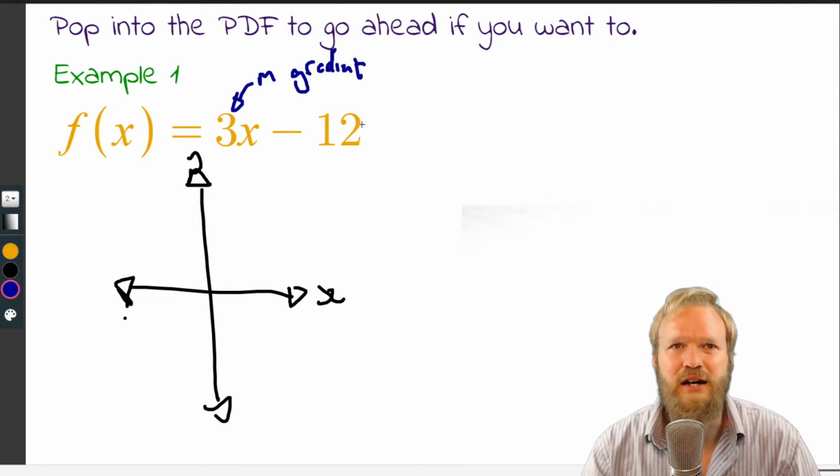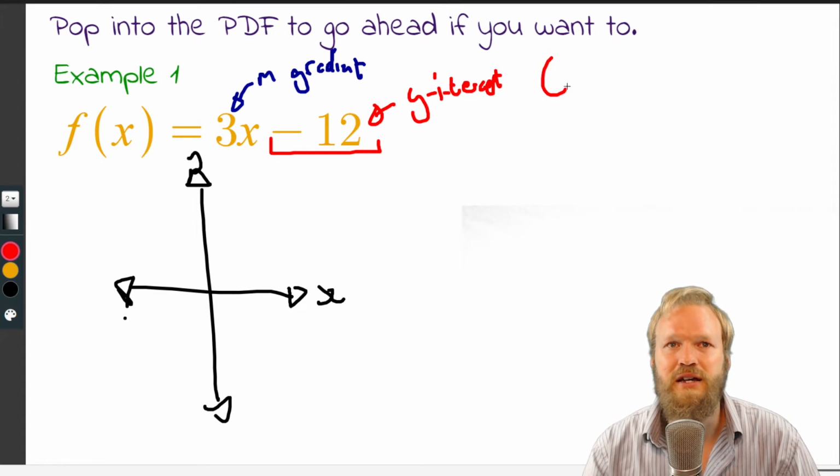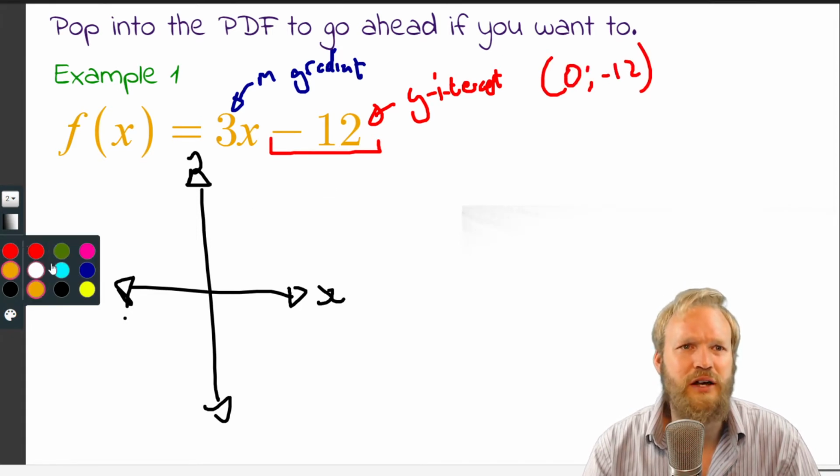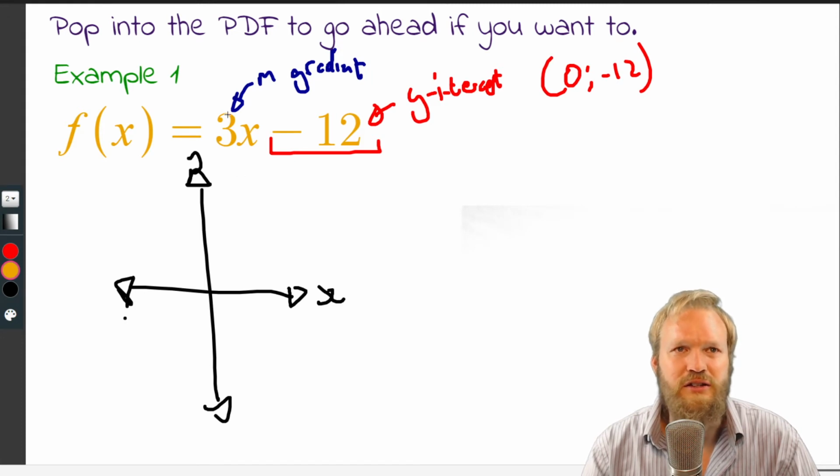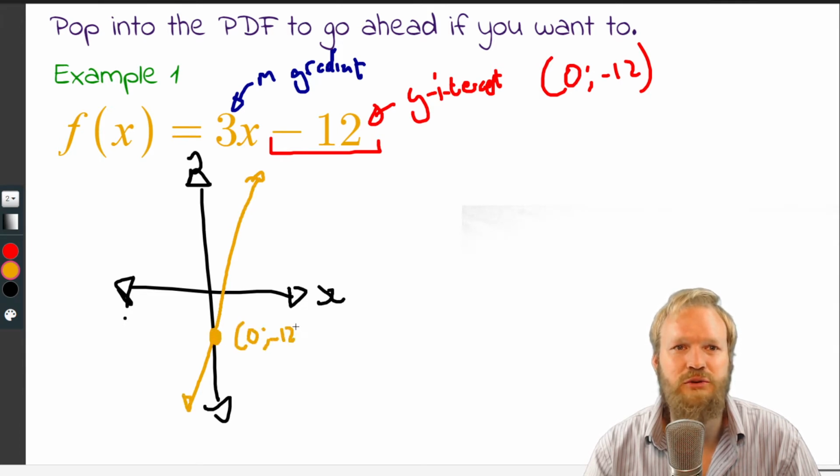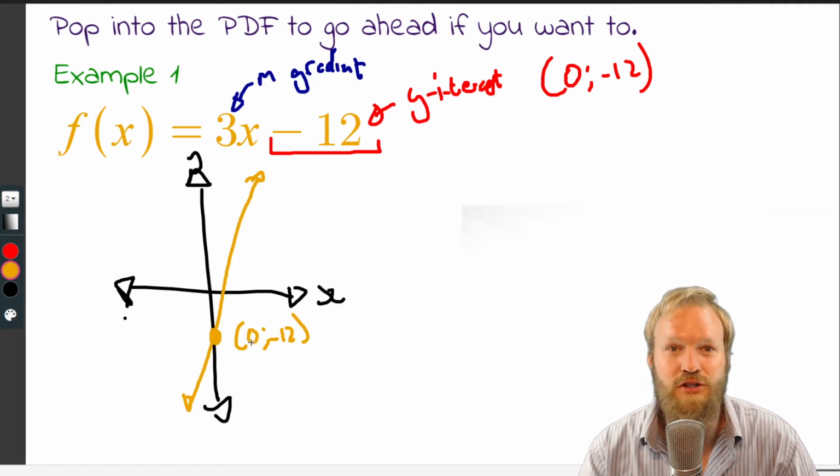This bit here, the 12, or the negative 12 I should say, helped us figure out that the y-intercept is (0; -12). So we go, well, with that, we already know it goes there. It's a positive gradient. It's fairly steep. So we're going to do that and say, okay, that part, (0; -12). Big fan of putting full coordinates, not just minus 12.